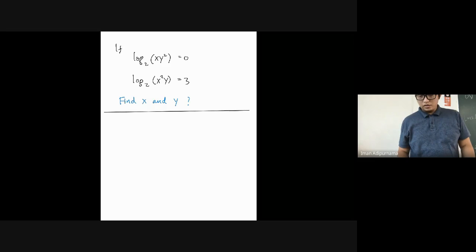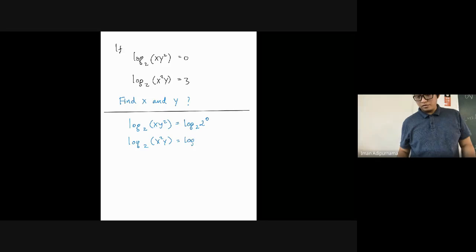You can write log 2 of xy squared, and then you can make the same base log 2 with 2, and then log 2 of x squared y.